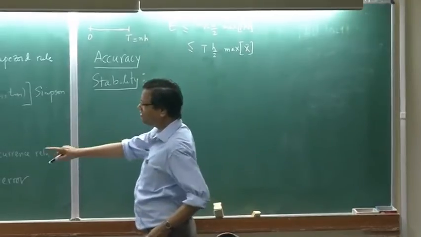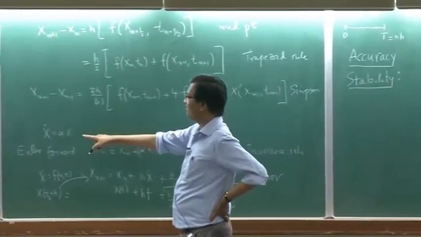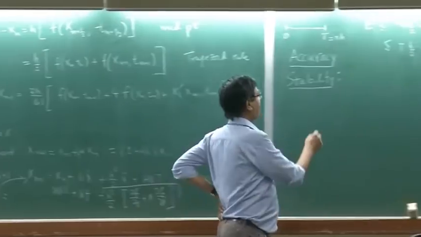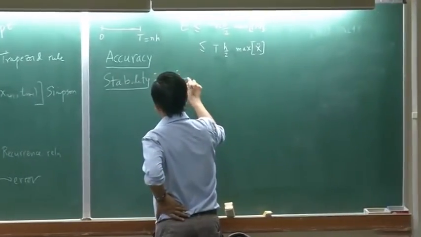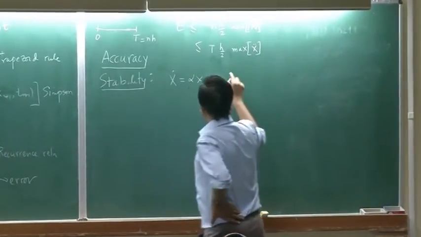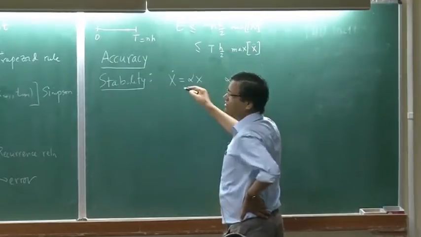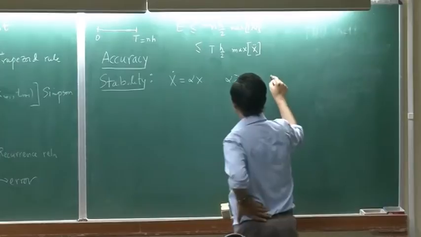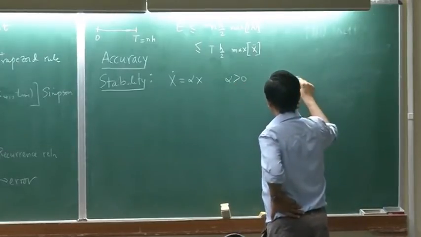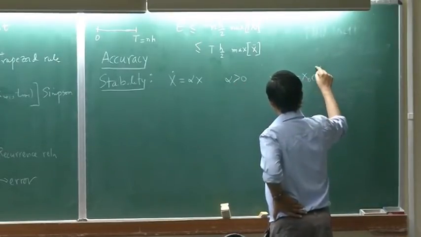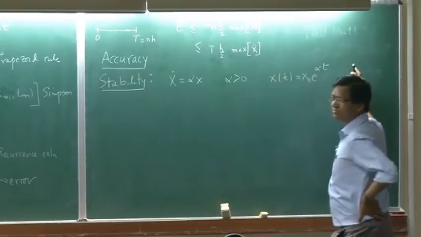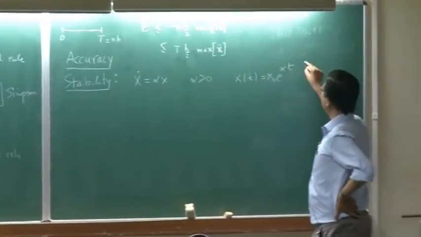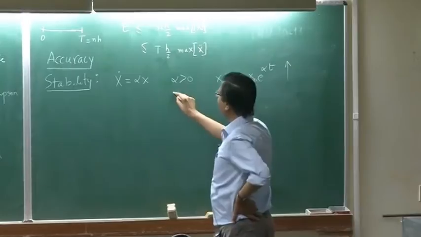So let's again look at this example, x dot is alpha x. If alpha is greater than 0, then the solution of course grows with time. So x(t), x0 grows with time. What if alpha is less than 0?